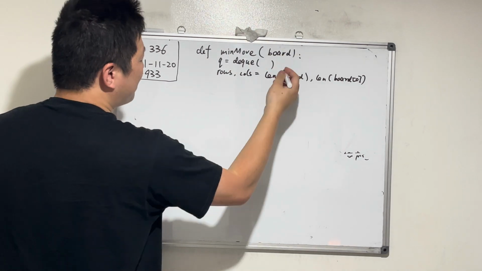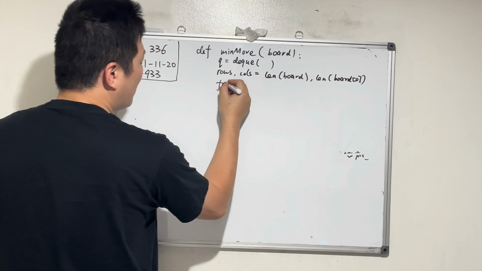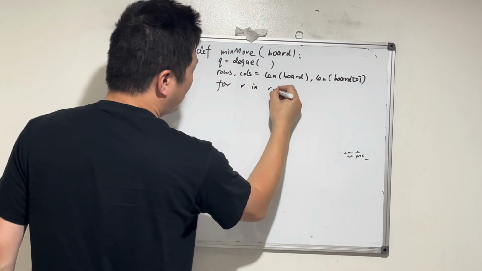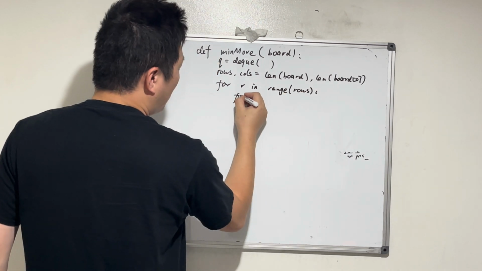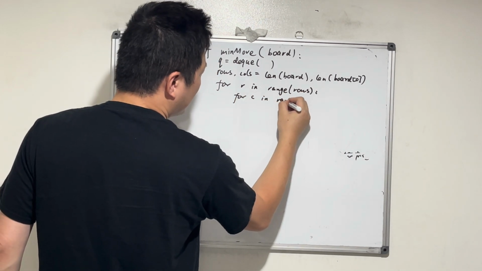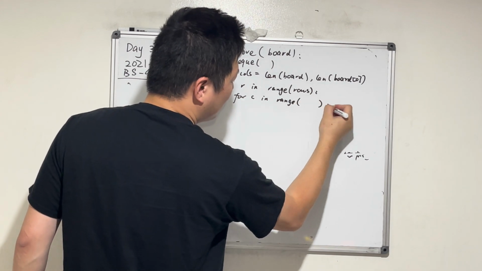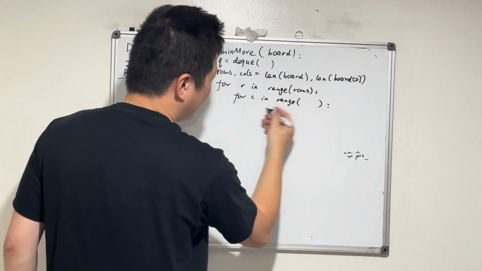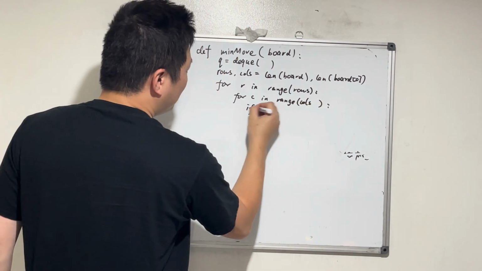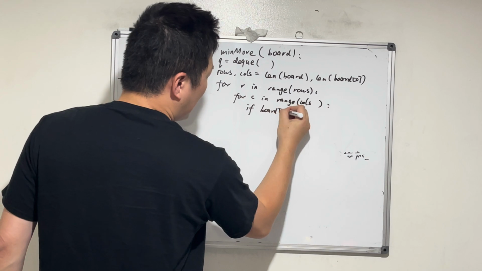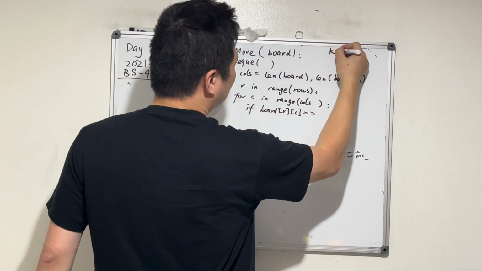And then we need to go through the board. Let's start with the king. For r in range rows, for c in range columns. Then if board[r][c], let's define a constant.